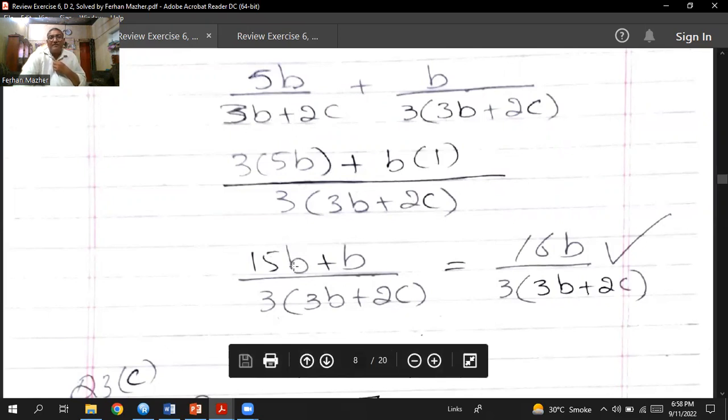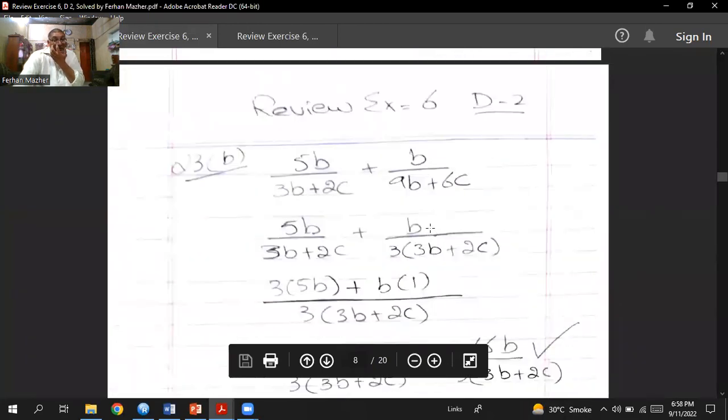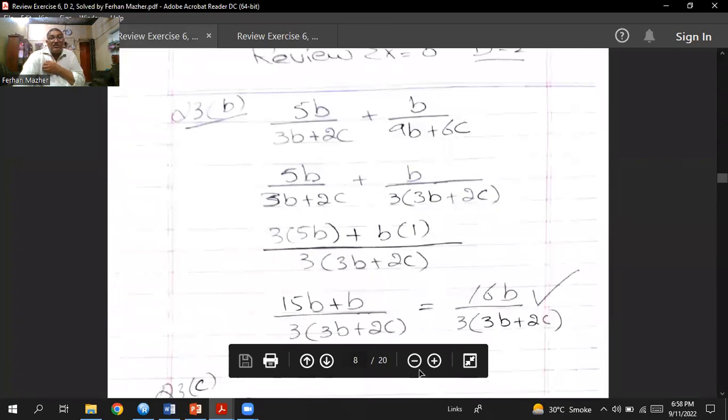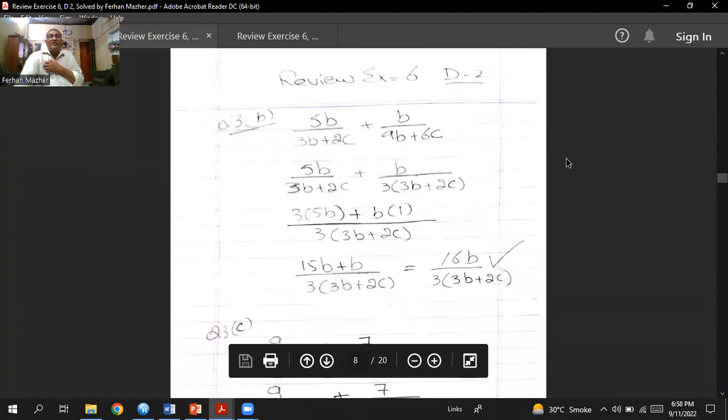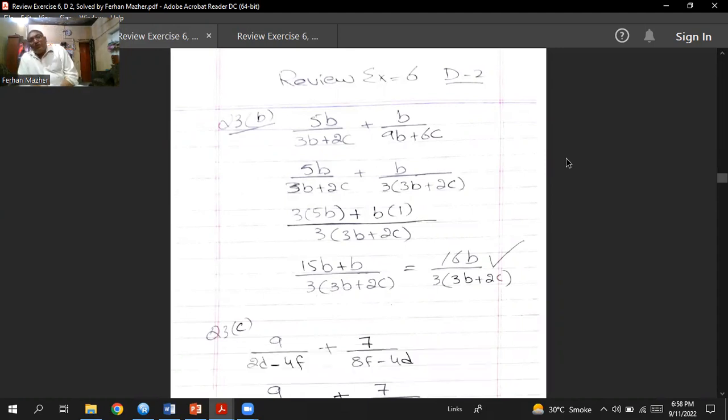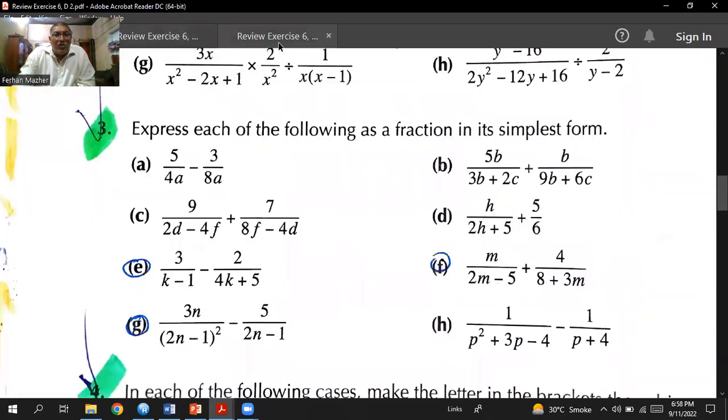So this will become 16b, and downstairs you will have 3 bracket 3b plus 2c bracket close. So this is how you will do this question, and let me show you the whole question, and I hope you can see this question. So question number 3, B part, is showing up on your screen. If you want to take your time with this question, you can pause the video.